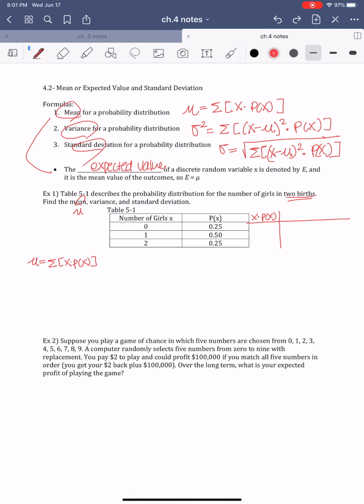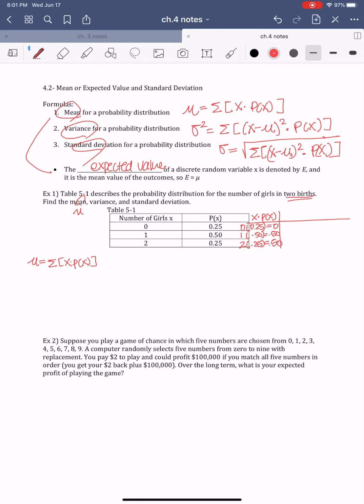So let's do that. X times p of x, so that's 0 times 0.25. That will be just a 0. 0 times anything is a 0. Next one, 1 times 0.50, that will be 0.50. And then 2 times 0.25, that's 0.50.